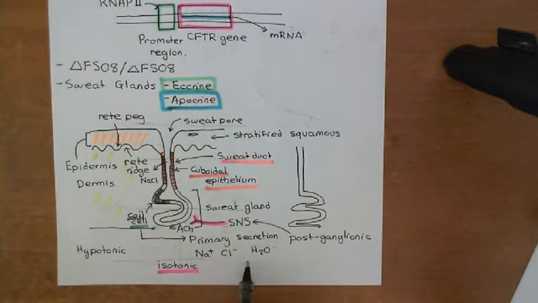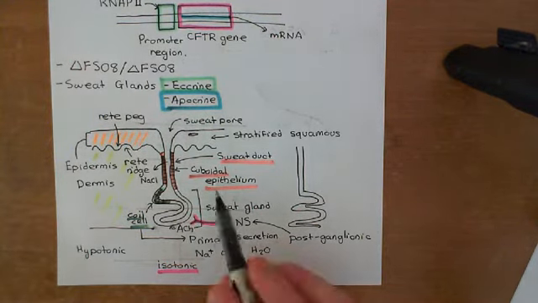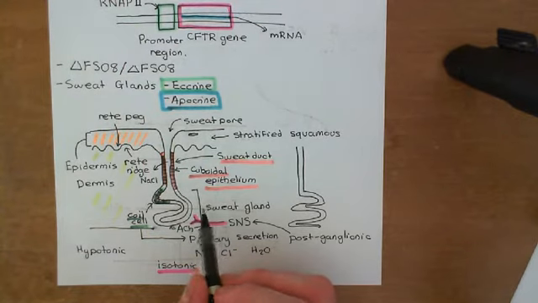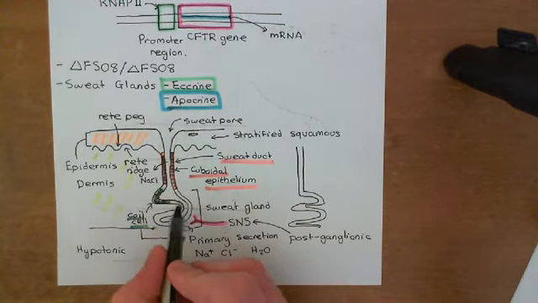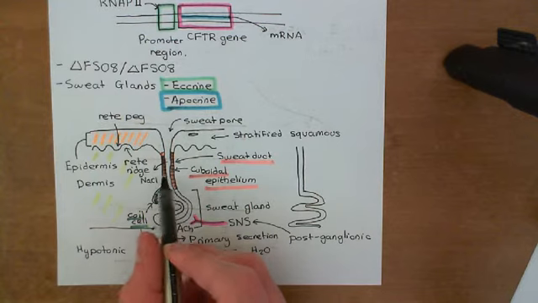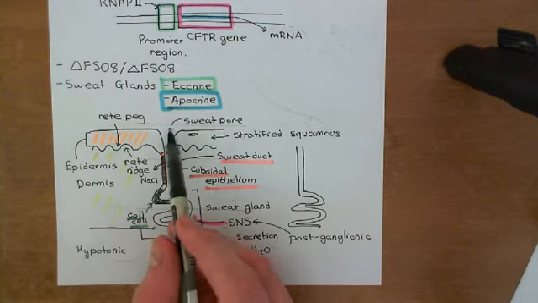Originally it's isotonic to the extracellular fluid, so it has the same concentration of solute as the extracellular fluid. There is not going to be an osmotic gradient between the extracellular fluid and the primary secretion of the sweat gland.